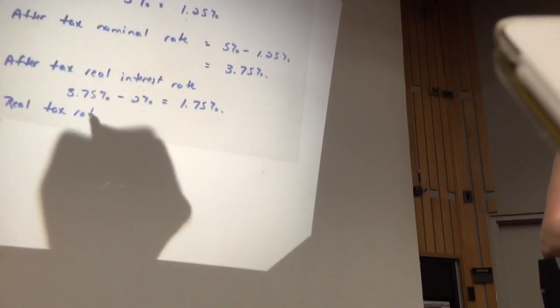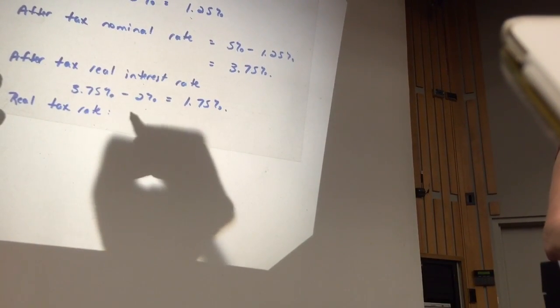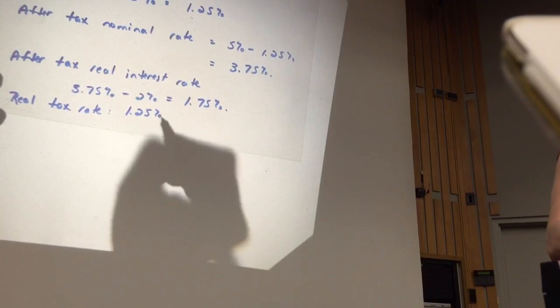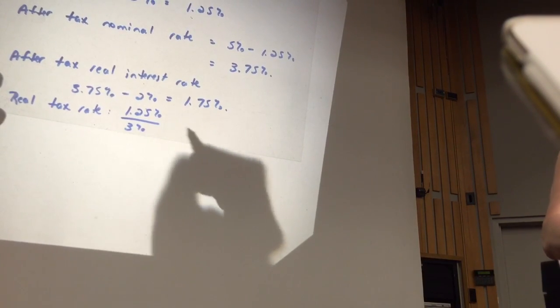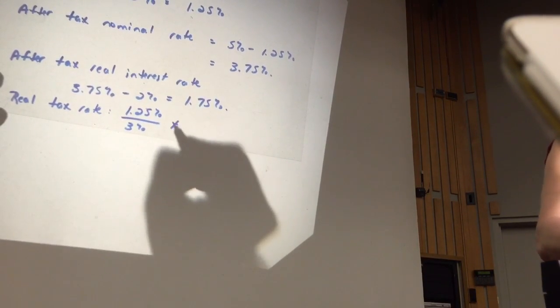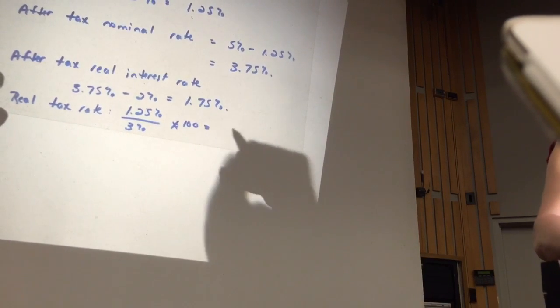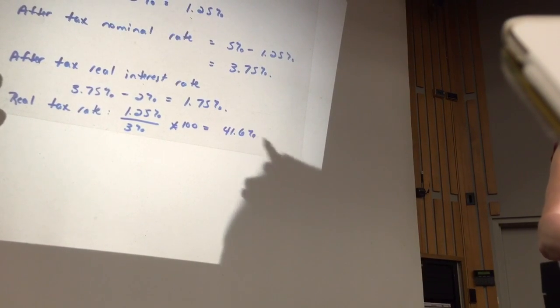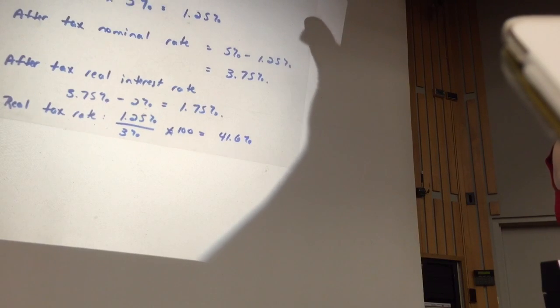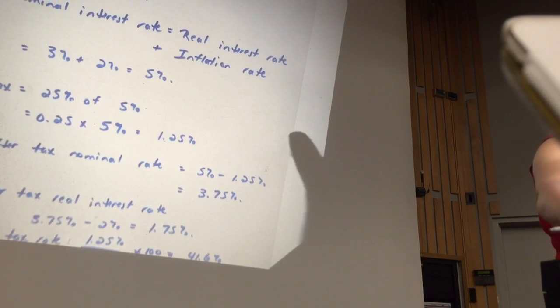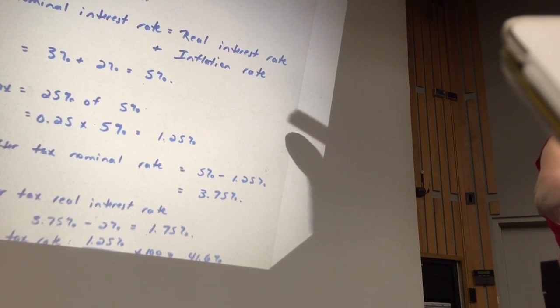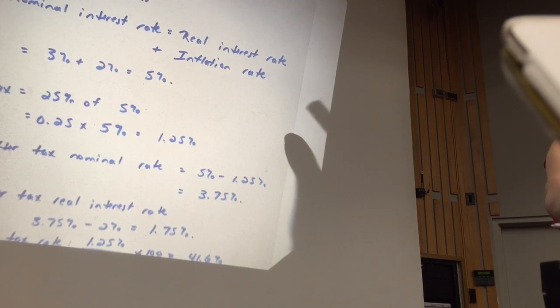So my real tax rate is the amount of tax, 1.25%, divided by the amount I was making, times 100. So my real tax rate is actually 41.6%. And I will go through that with you. Once you've got that all written down, just talk it through.